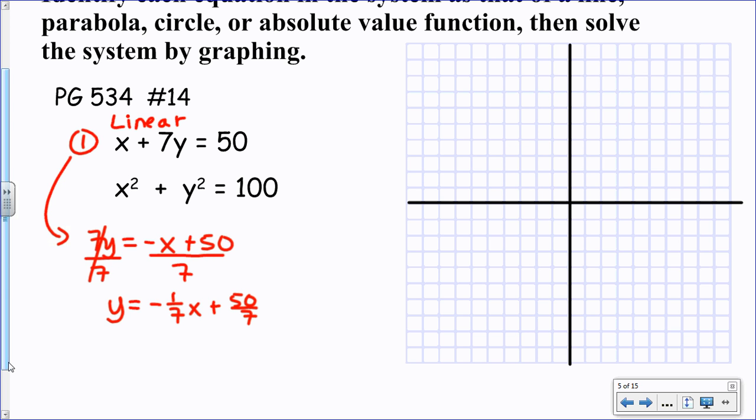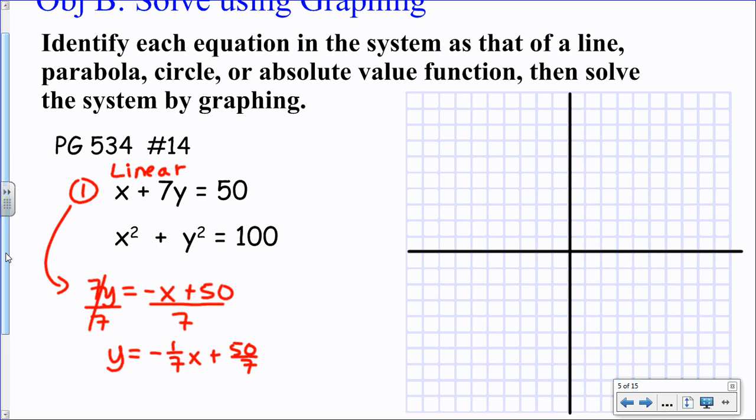Okay, so I'm going to go ahead and graph the line. So 50 over 7 is just a little bit over 7. A little bit more than 7. Okay, and then my slope is negative 1/7, so down 1 and right 7. Or up 1 and left.